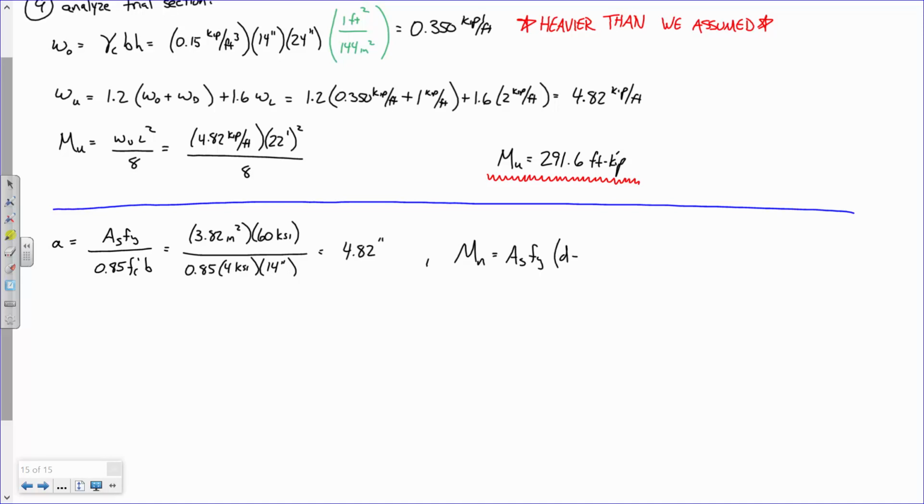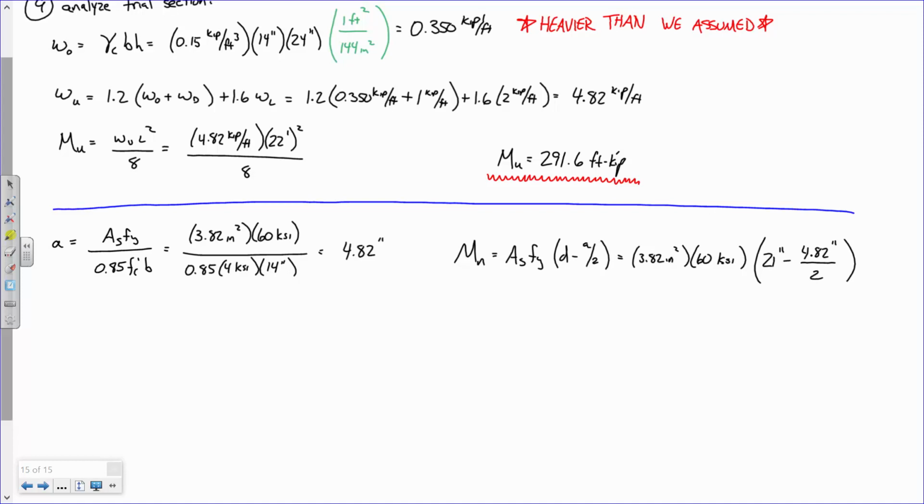Okay. So MN is AS FY times D minus A over 2, which is 3.82 square inches, 60 KSI, times, what was D? 21 inches minus 4.82 over 2.